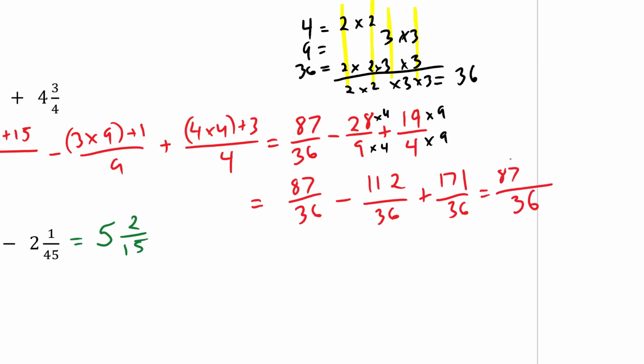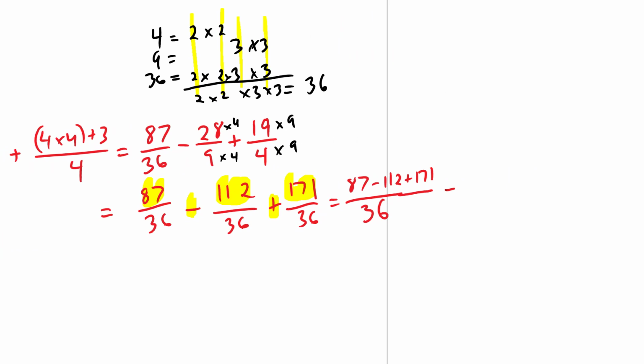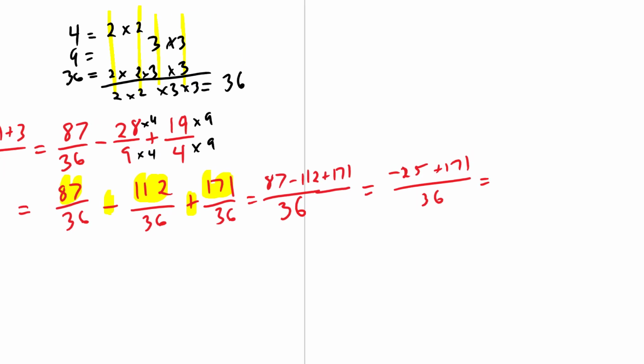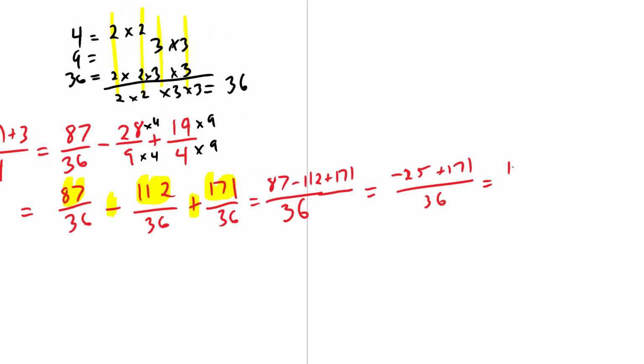Put all these values on the top, doing the math here. 87 minus 112, plus 171. And we combine those together. What do we have here now? 87 minus 112 is minus 25, plus 171, which gives me 146 over 36.